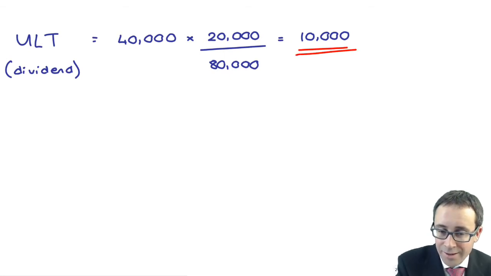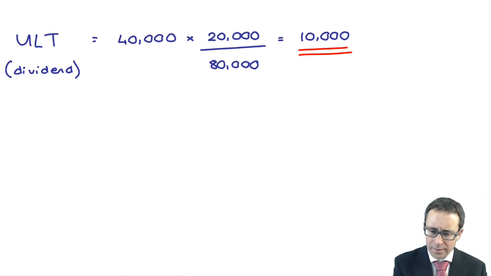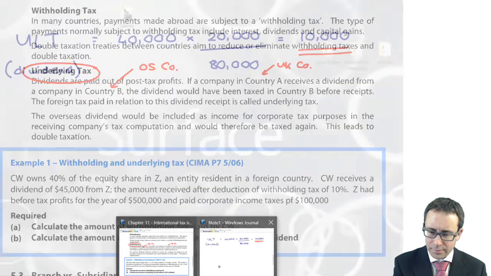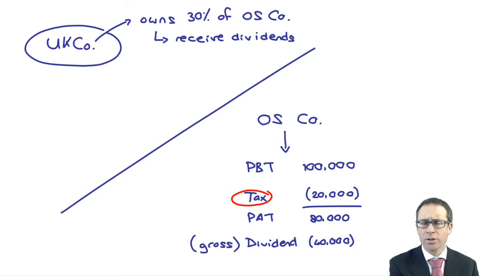Okay, that's the underlying tax in relation to that dividend, because it's all done proportionally, isn't it? If you had profits after tax of 40,000, what would be the tax on those profits? Yes, proportionally it is 20/80, isn't it?